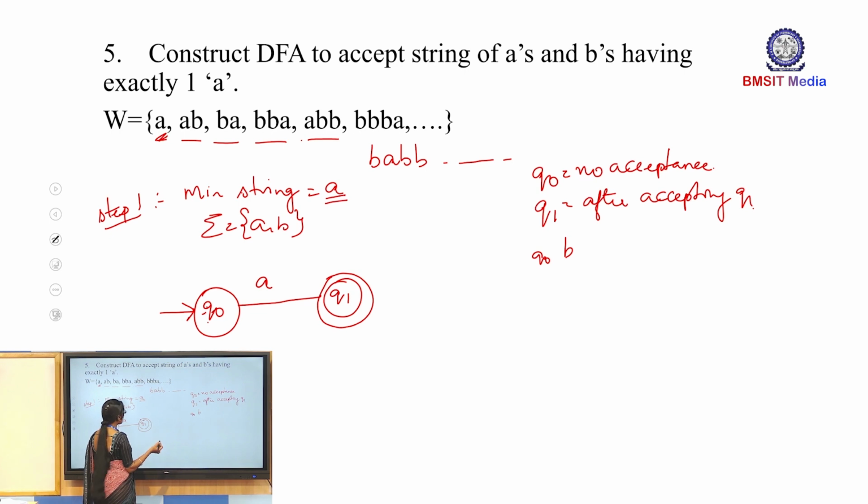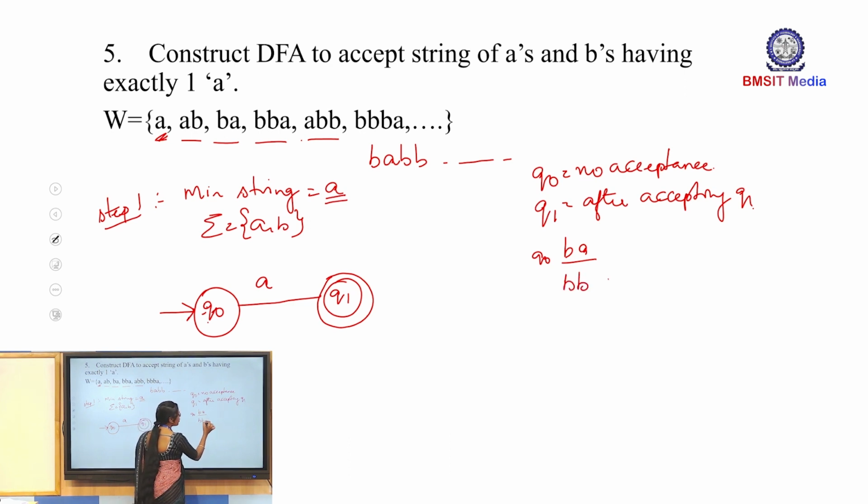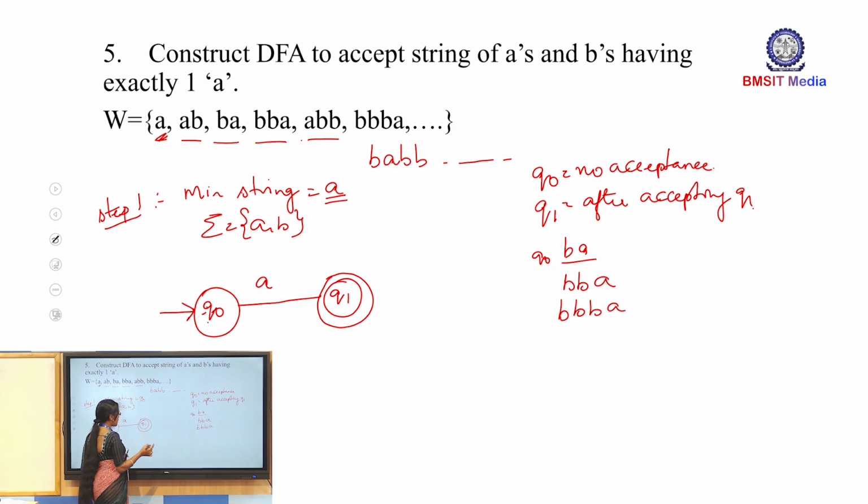Since there are no constraints on B, one more thing you can see is that if I have a B followed by A, this should be accepted. Similarly, 2 B's followed by A can also be accepted, and 3 B's followed by A can be accepted. So one or more occurrences of B followed by A is a valid string here. So the possibility here is I can have a loop.